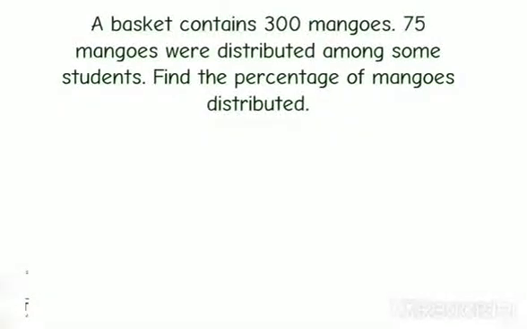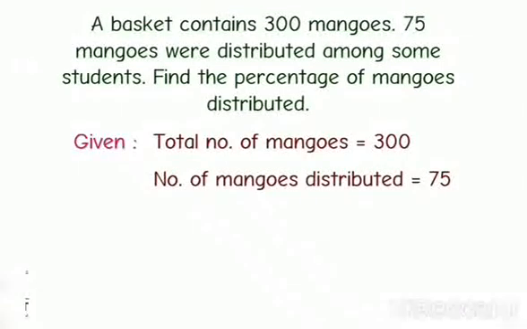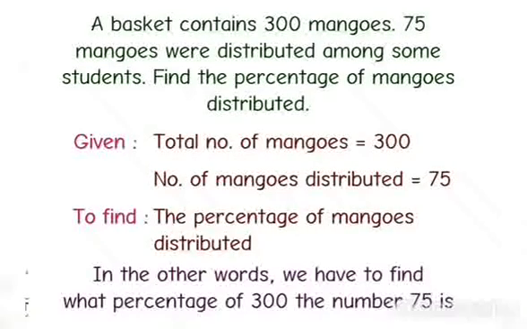Let's try another example. A basket contained 300 mangoes. 75 mangoes were distributed among some students. Find the percentage of mangoes distributed. Now children, we are given the total number of mangoes is equal to 300, and the number of mangoes distributed is 75.